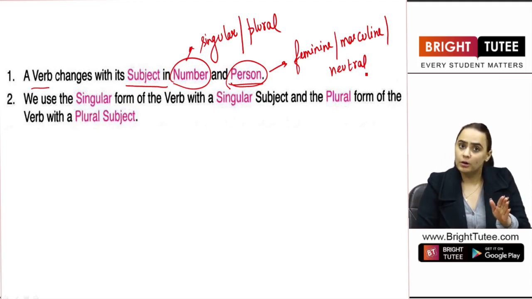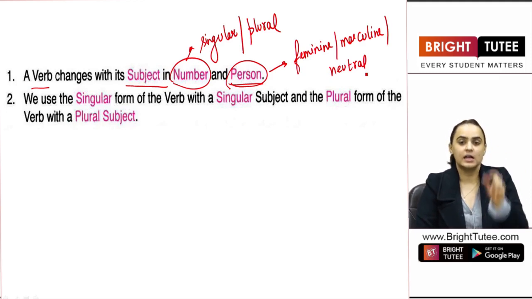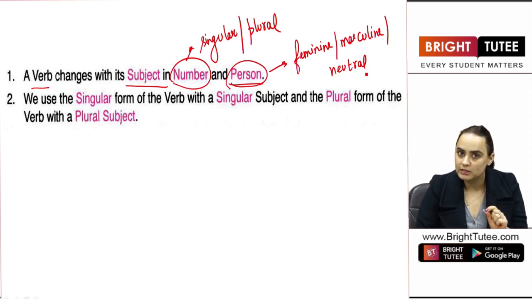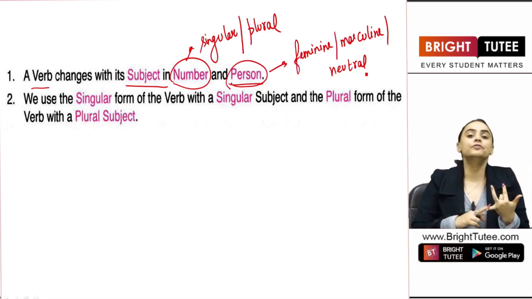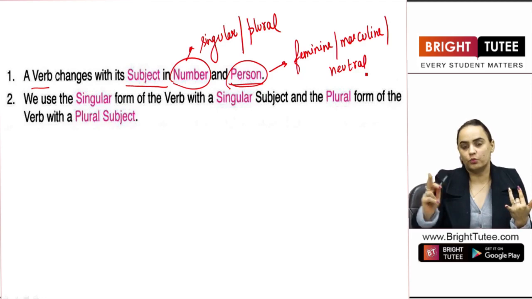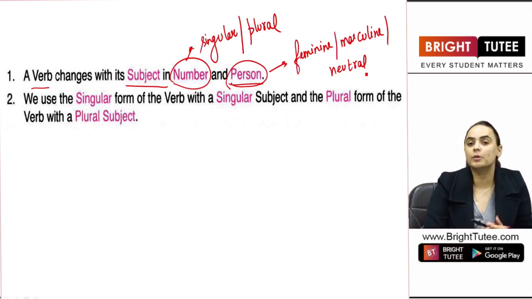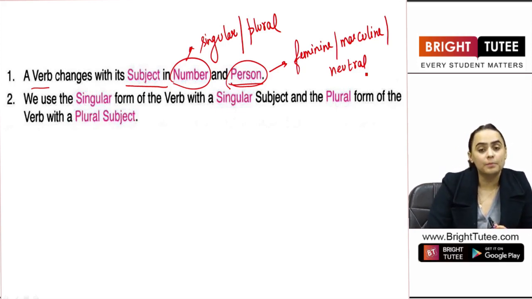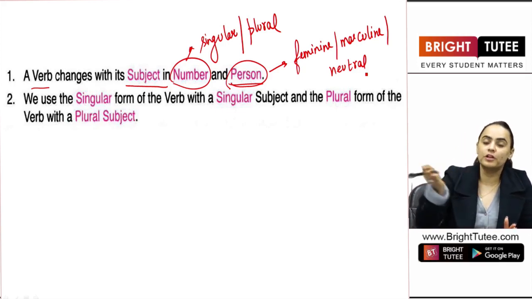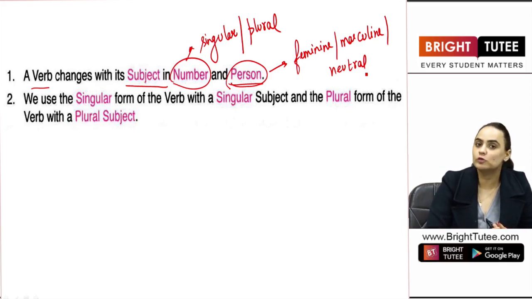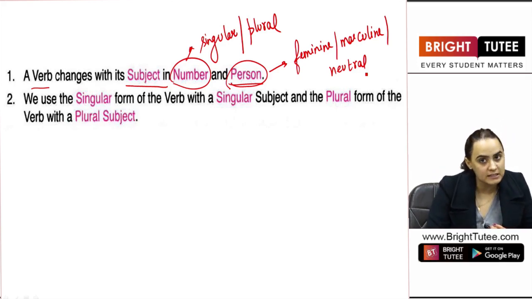So the verb of the sentence will always be used according to the subject. That means if the subject is singular, the verb will be singular. If the subject is plural, the verb will be plural as well. And similarly for the person, depending upon the gender of the subject also, the verbs are to be decided.